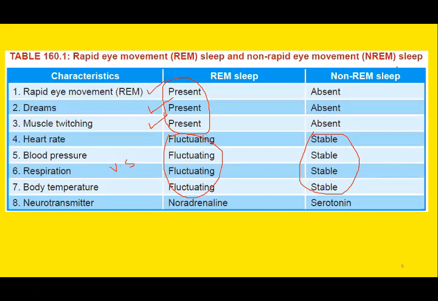REM sleep, although it comprises only 25% of the total sleep duration, is repeated after every 90 minutes. And this is characterized by rapid eye movements, dreams, muscle twitching, and fluctuation in the vital signs.